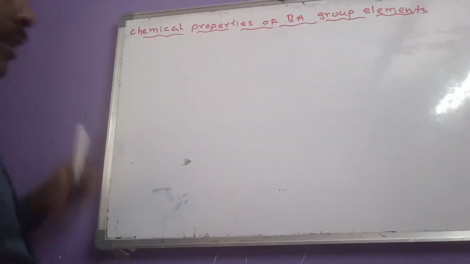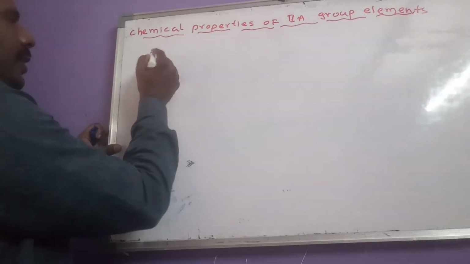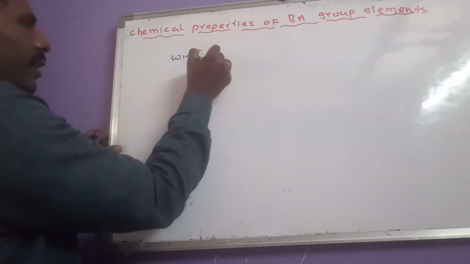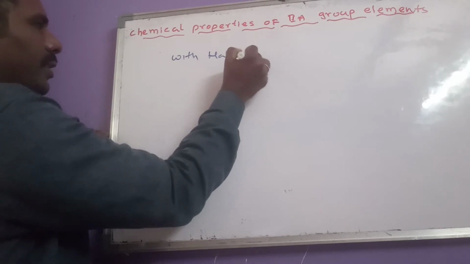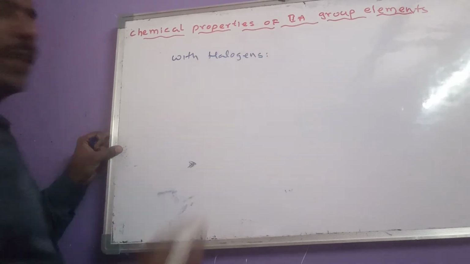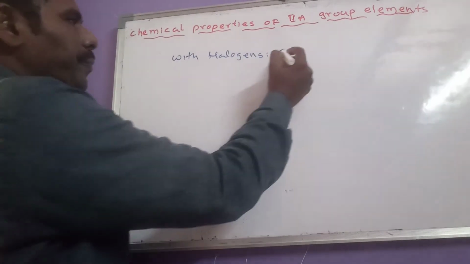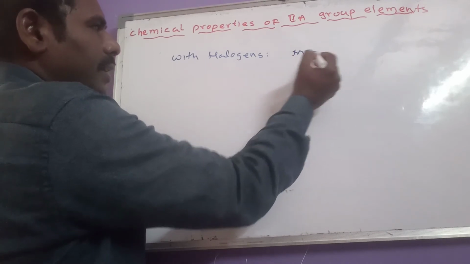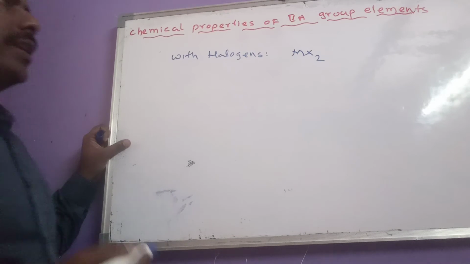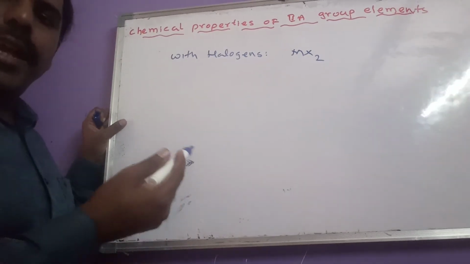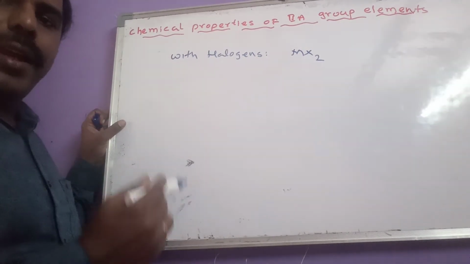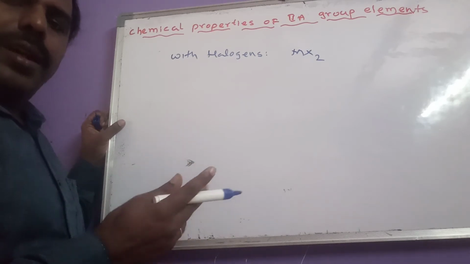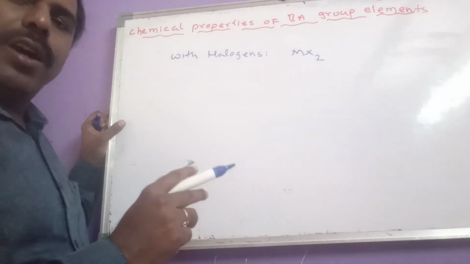Okay, then reactivity with halogens. How will they react with halogens and what are the products? Let us see here. All these alkaline earth metals react with halogens and form MX2 type halides. And in this also, one important thing we have to remember.